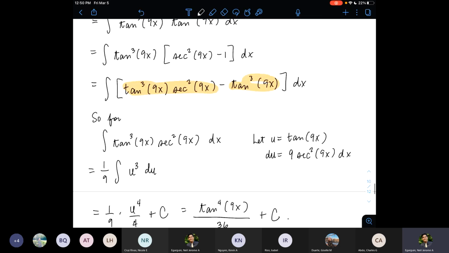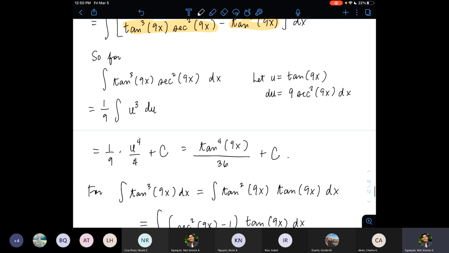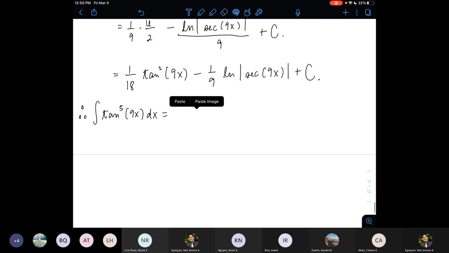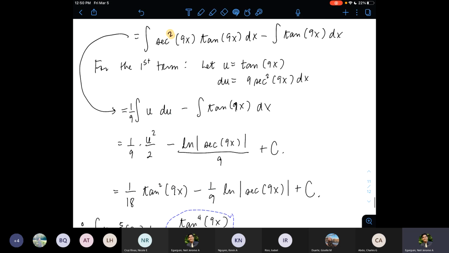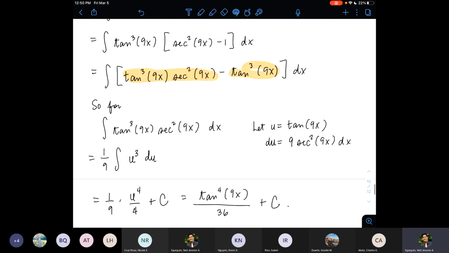So tangent cubed. So we'll have this. This is the first term, remember? And then what comes after this? We evaluated this.